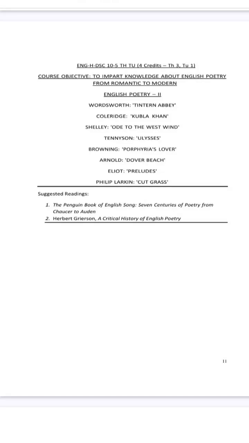Then we have Robert Browning's Porphyria's Lover, a dramatic monologue, with the psychology of obsession and power. Then we have Matthew Arnold's Dover Beach, with the themes of loss of faith, Victorian anxieties, and melancholy tone.